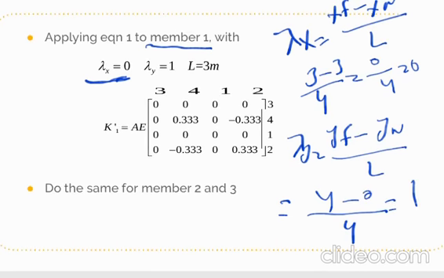It will be 1. So here, as you see, lambda y is equal 1.